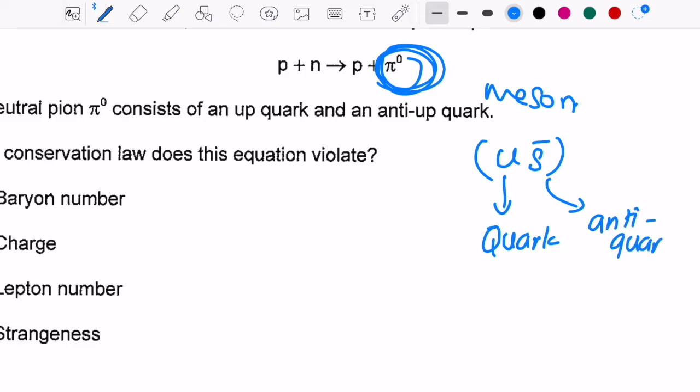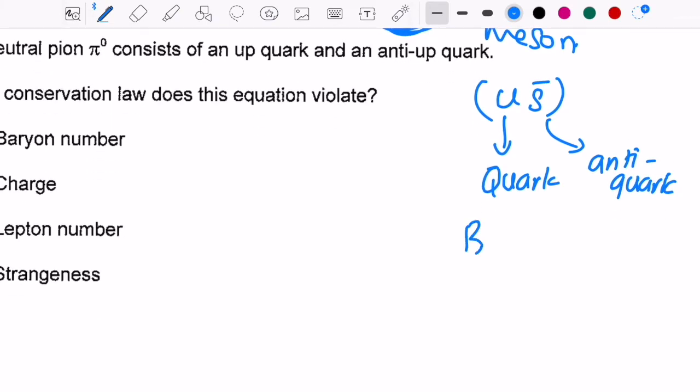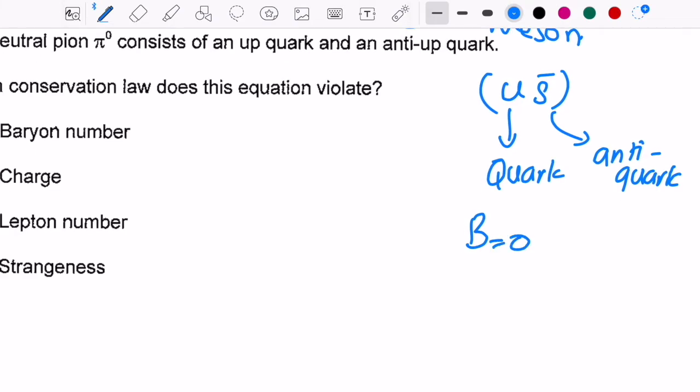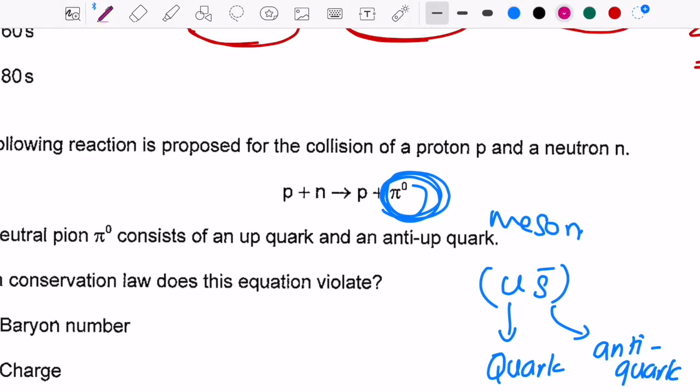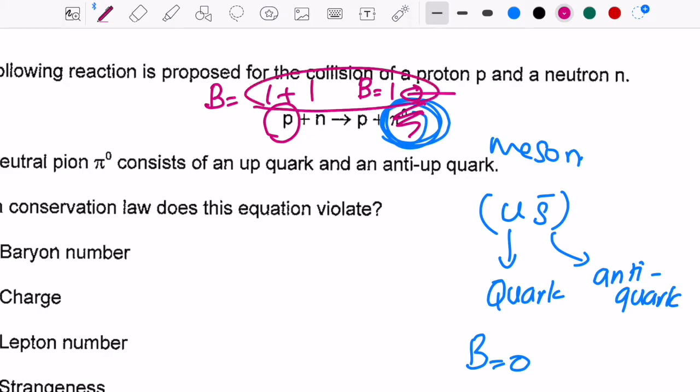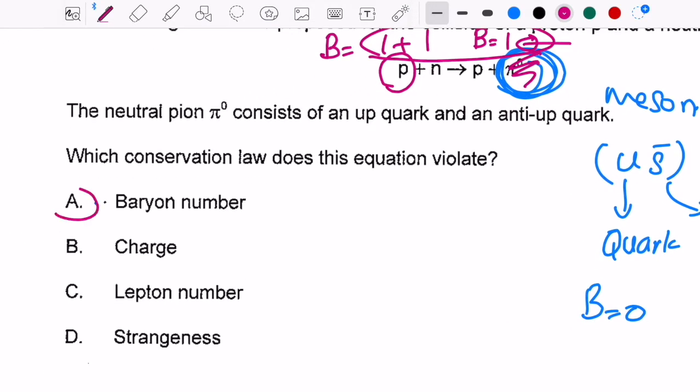Very importantly, the baryon number of a meson is 0. So how to use this? The baryon number is 1 plus 1 on the left hand side. But on the right hand side, this is not a baryon, so it is 0. So baryon number is not balanced. So the answer is A. This is the violated rule.